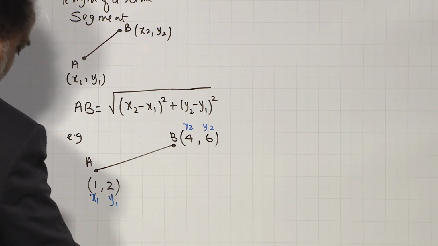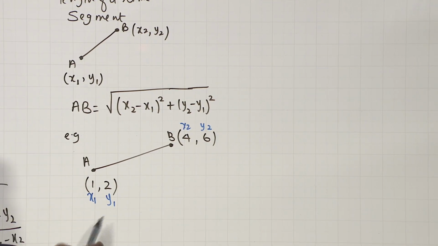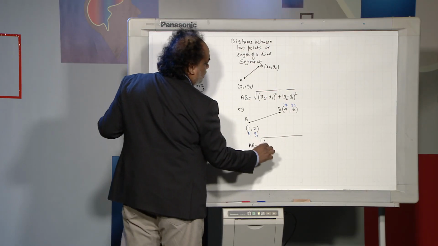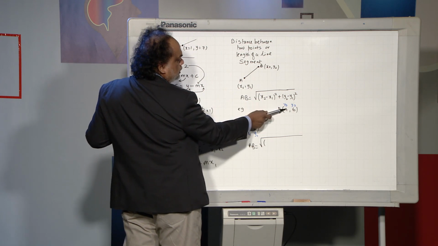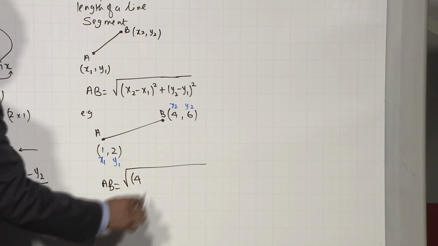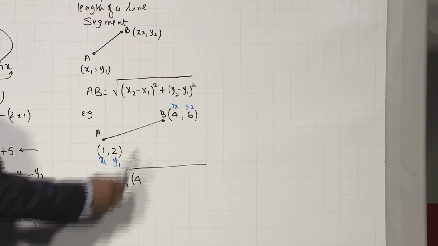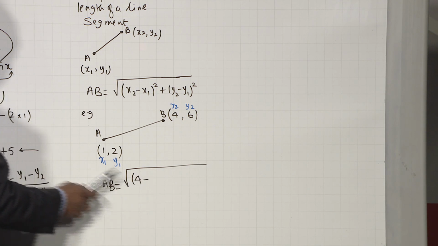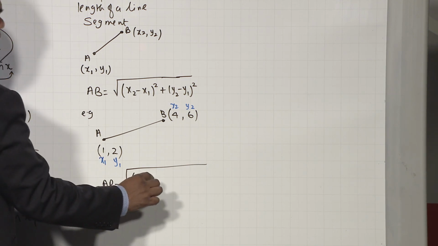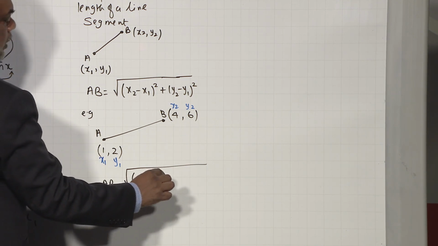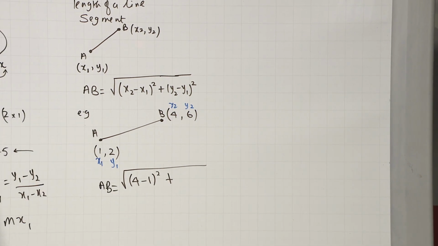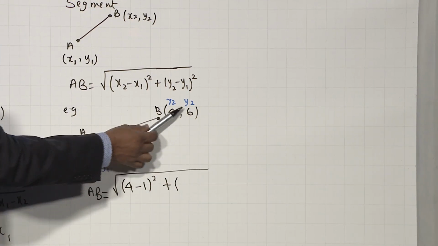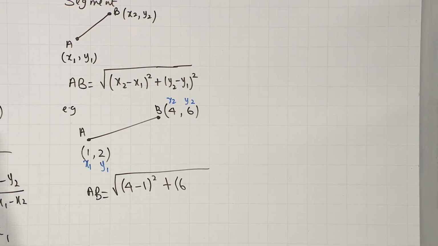So, what is the length of AB here? Let's do it together. First, x2. What is x2? 4. What is x1? x2 minus, so I write minus. What is x1? 1. And then squared. Plus, bracket, what is y2? 6.